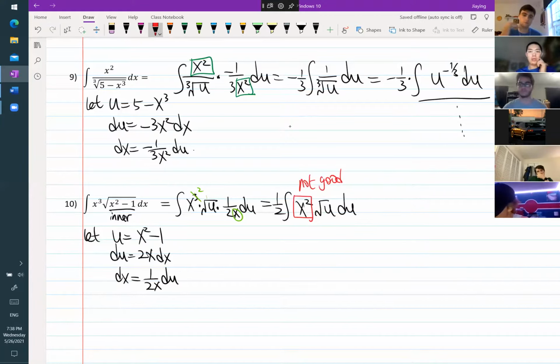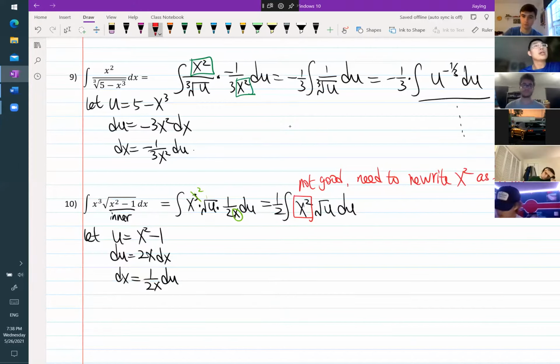So the trick is that we have to rewrite. We need to rewrite x squared as some function of u. That's what we need to do. But it doesn't mean that the substitution rule we did is wrong.